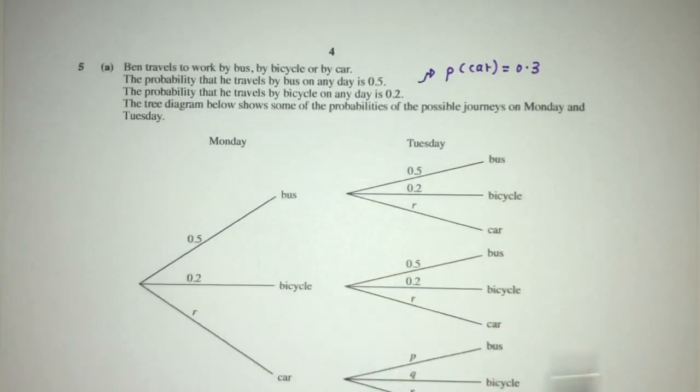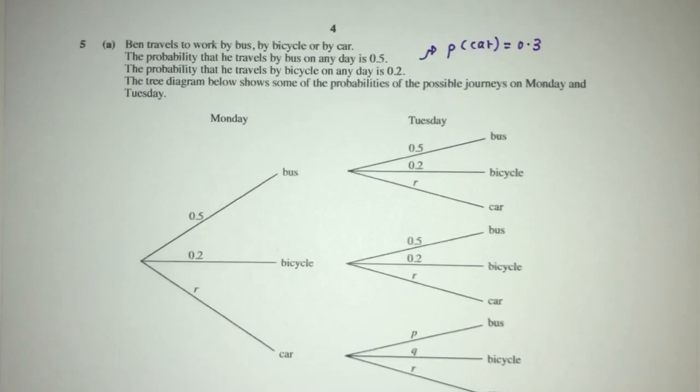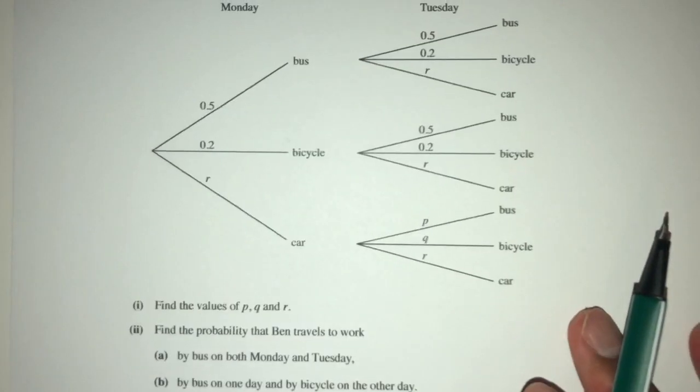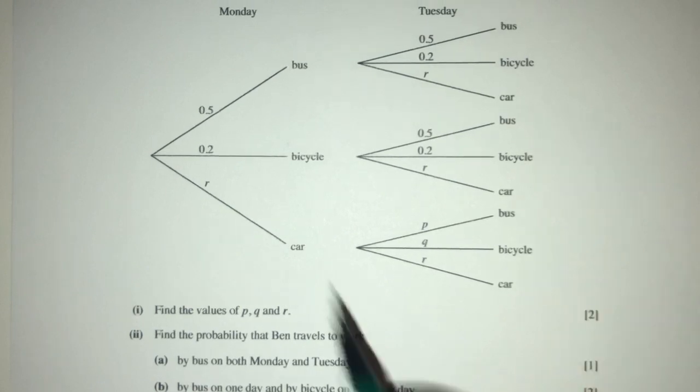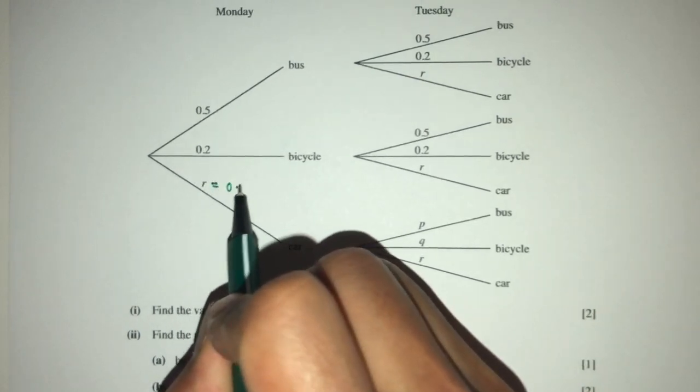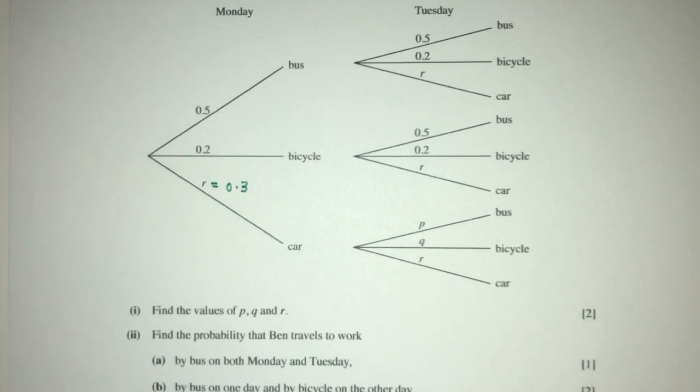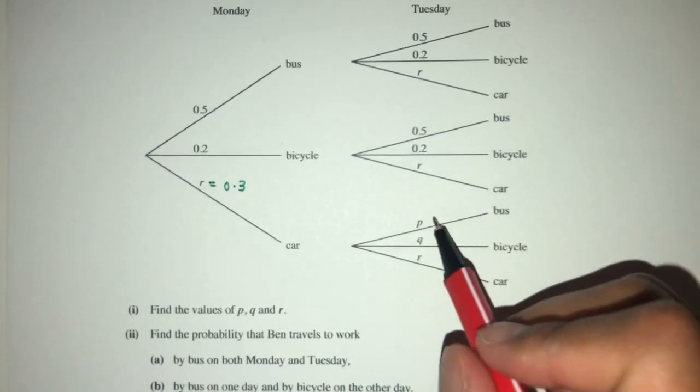Now the tree diagram below shows some of the chances of the possible journeys on Monday and Tuesday. Okay, 2 days. So we have to first find the value of P, Q, and R. So R will be 0.3 as seen above. So R is this. Now this will be the same thing.